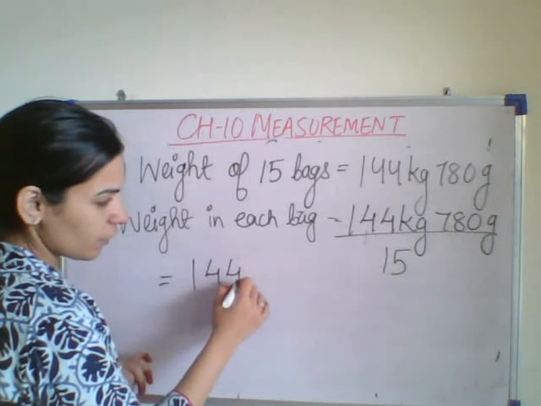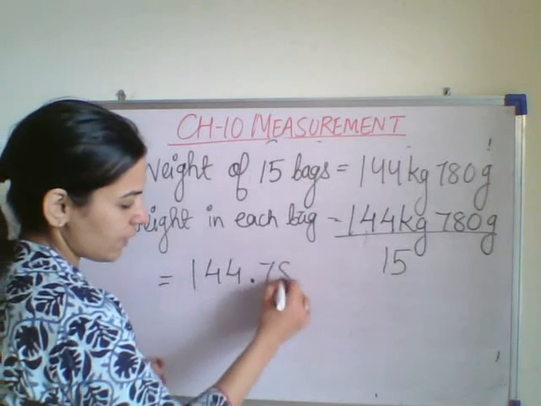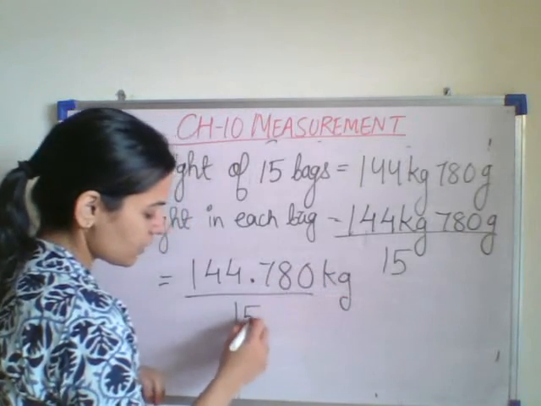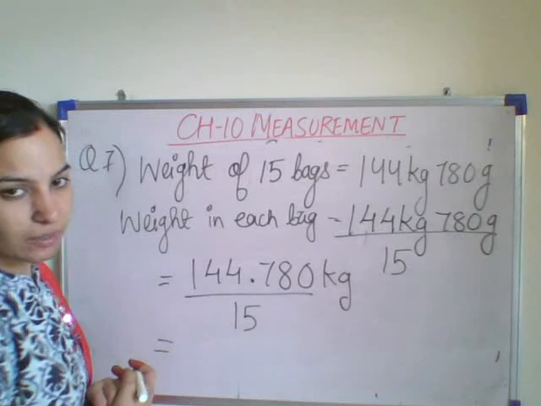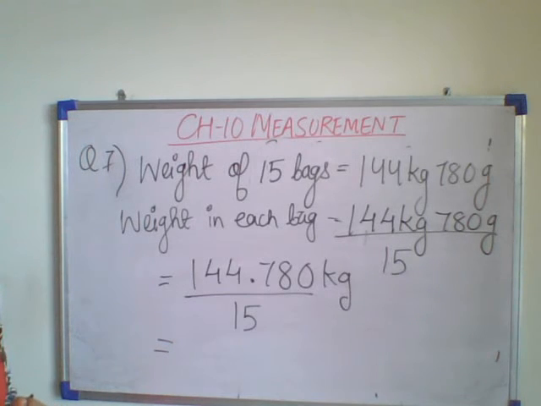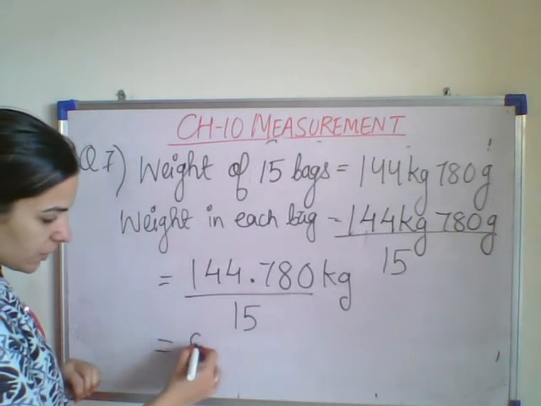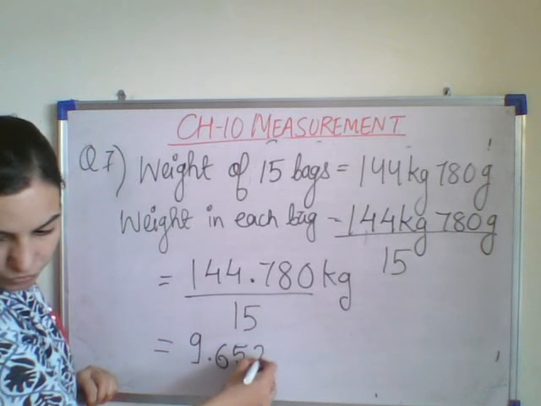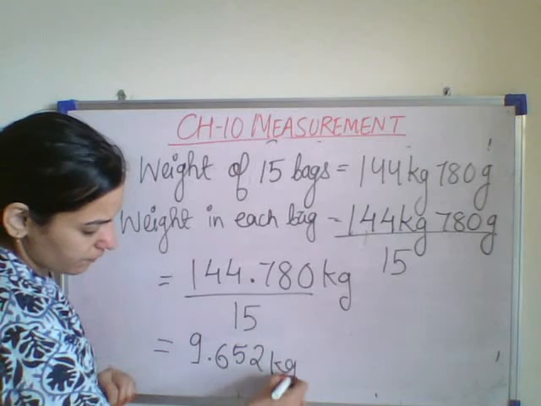So I will be writing it 144.78 kg divided by 15. Division of the decimals we have done. How to do the division in case of the decimals? So if we do the division, we will be getting 9652 kg.